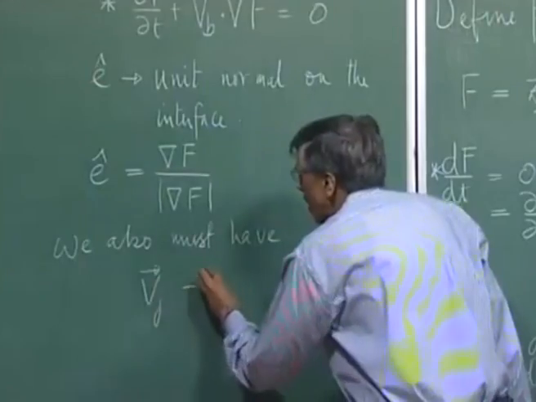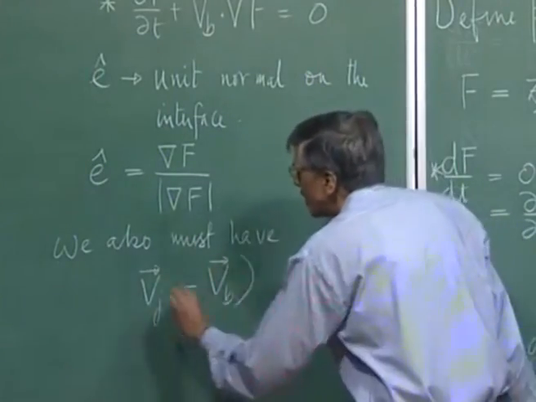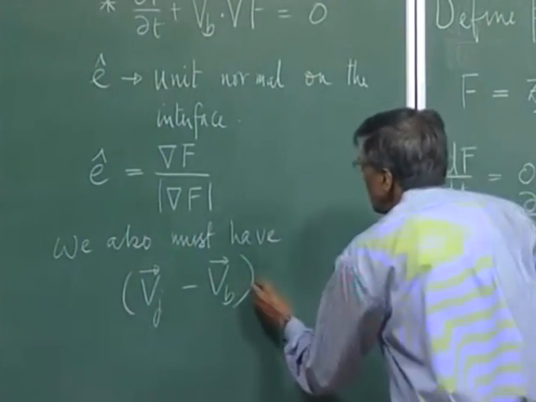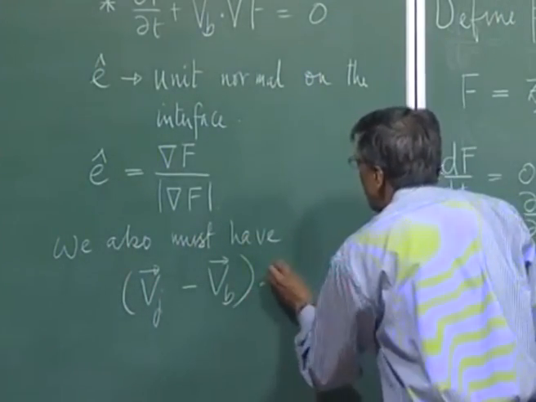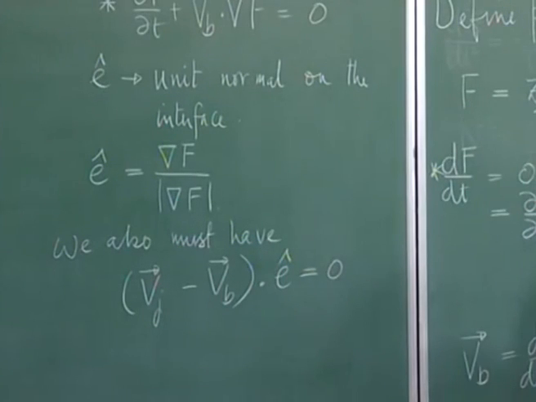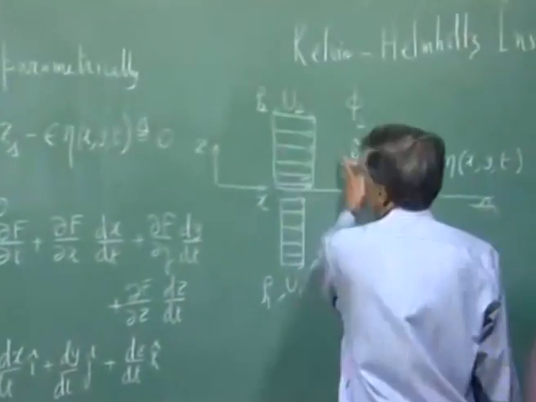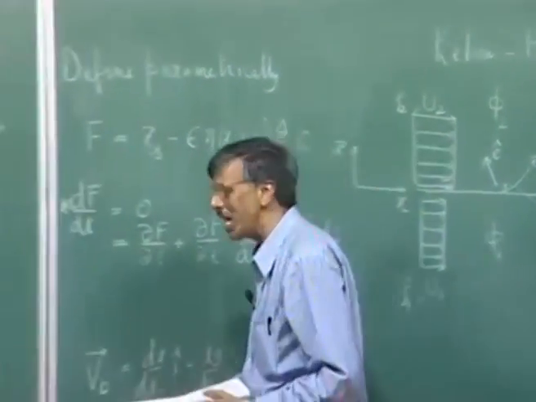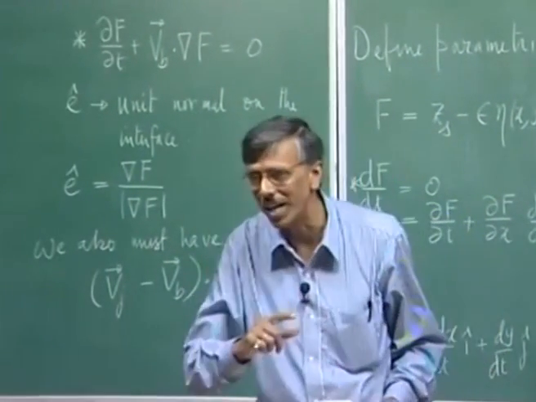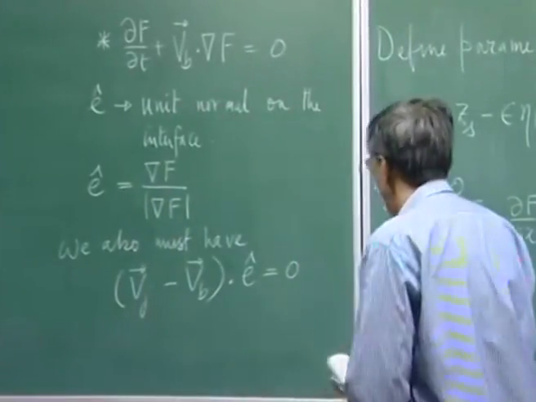Then the relative velocity is the body motion, and when I take a dot product with E, this must be equal to 0. For what reason? That the normal velocity is 0. E defines the normal. So, there has to be no normal velocity on either side, otherwise mass conservation will break down, right. So, this is what we must have.